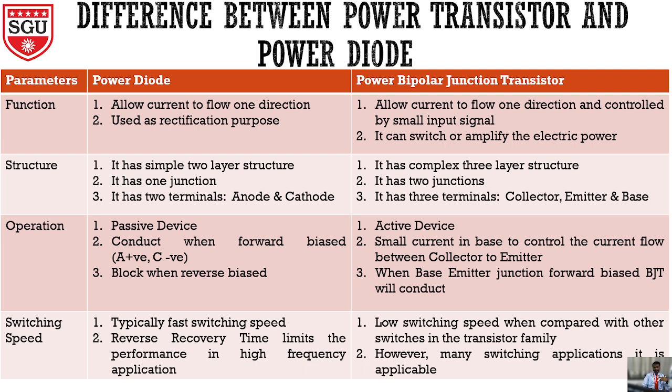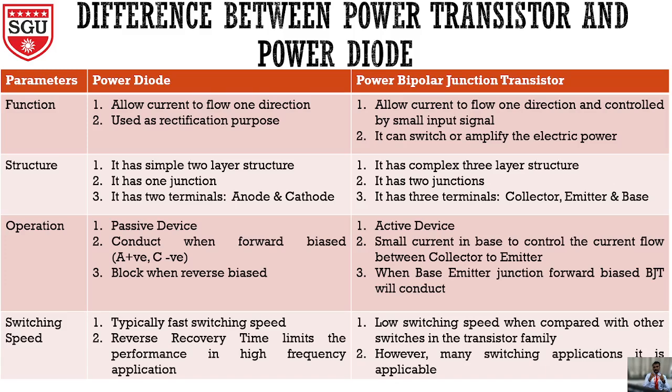Once it breaks the forward breakover voltage, it will start to conduct. So typically the power diode has fast switching speed. At the same time, we already learned about reverse recovery time. If the reverse recovery time is extended, it cannot be applicable for high frequency applications, high frequency on and off time. If the reverse recovery time is more, we cannot use this power diode.